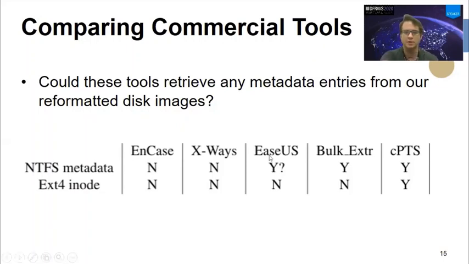I suppose the question mark is here because it's not open source, so we don't know how it works and how it found these entries. The bulk extractor could also obtain the NTFS metadata entries, but these other tools really didn't deal very well with finding the inodes for these text files in the ext4 experiment, whereas our tools could work to some extent.